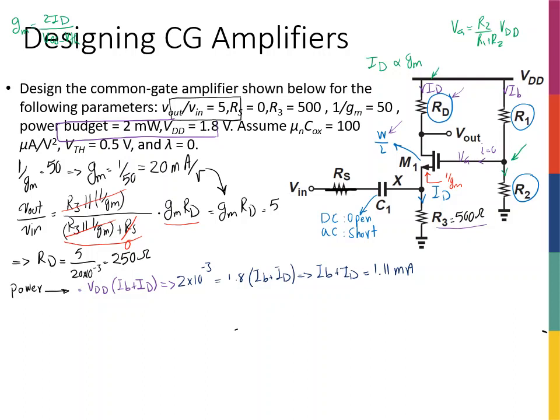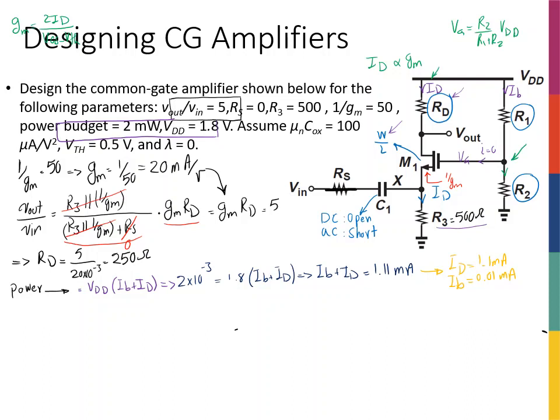Because of all of these discussions, I make one of my design decisions and say that I'm going to go with ID equal to 1.1 milliamp and IB equal to 0.01 milliamp. So I gave 0.01 milliamp, like 10 microamp, to bias current just to have some decent amount of current flowing there, and the rest of it to my drain source current. Okay, so that's the first decision that we made.